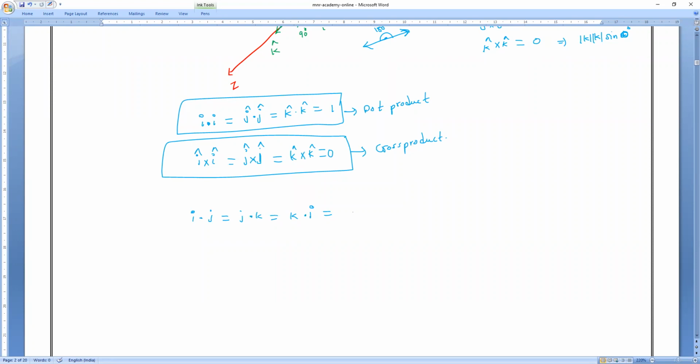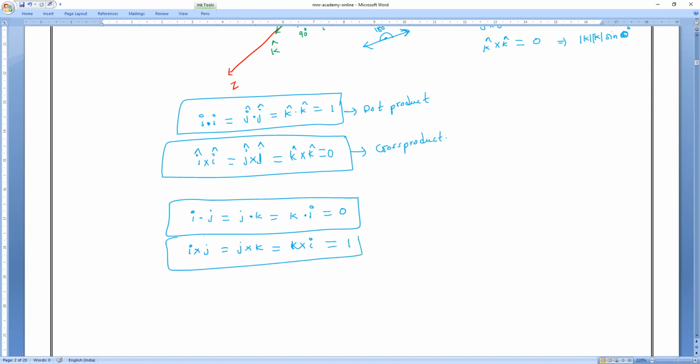We have already found the value 0. Understood? If I make it now I cross J, J cross K, next K cross I, can you tell me what is the answer? 1, 1, 1. Understand? Yes, sir.